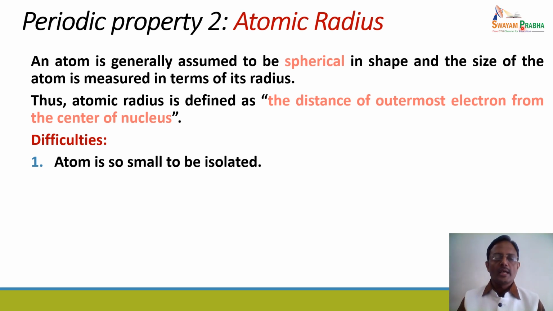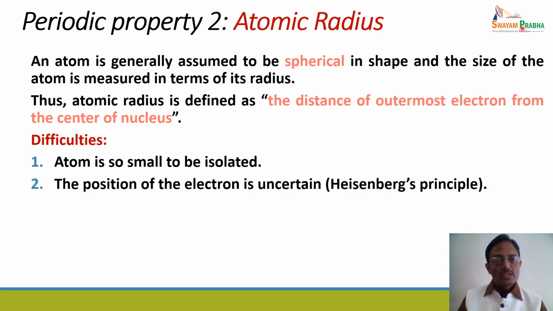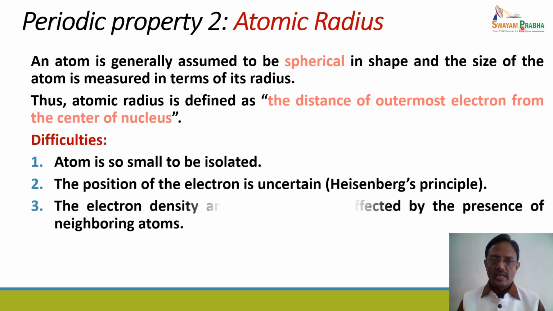So experimentally we cannot calculate the distance between the nucleus and the outermost electron. Secondly, the position of electron is also uncertain. We have discussed in case of Heisenberg uncertainty principle that it is impossible to determine the exact position of the electron, since it is a microscopic particle in motion with extremely small mass. Hence, it is not possible to determine the position exactly.